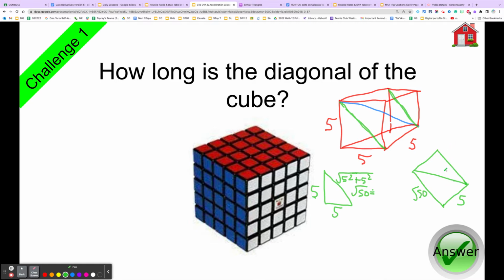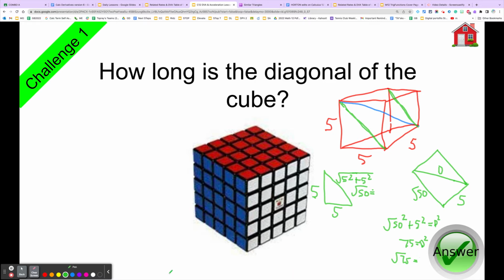If we call this D, that would be root 50 squared plus 5 squared equals D squared. So the square root of 50 squared is 50, plus 25 is 75, equals D squared. If we square rooted that, it would be the square root of 75.